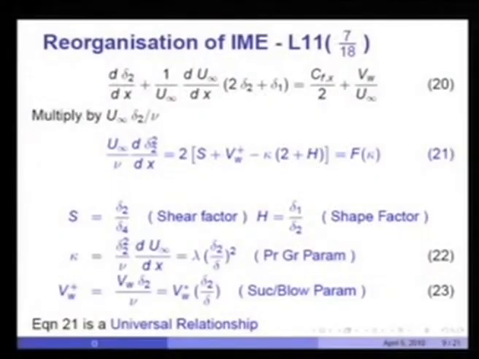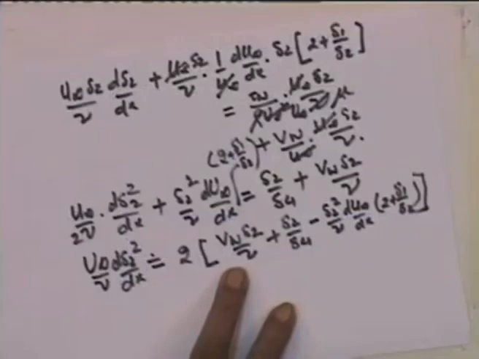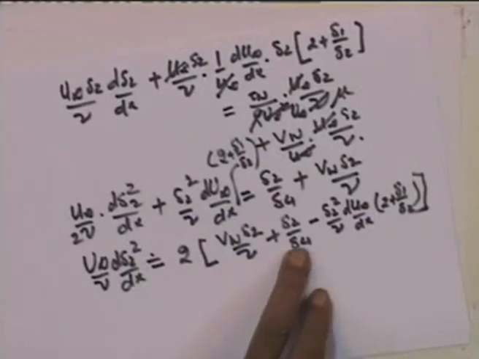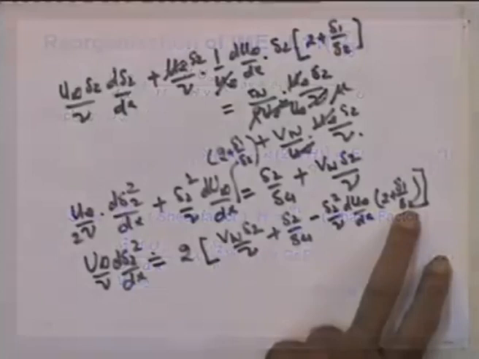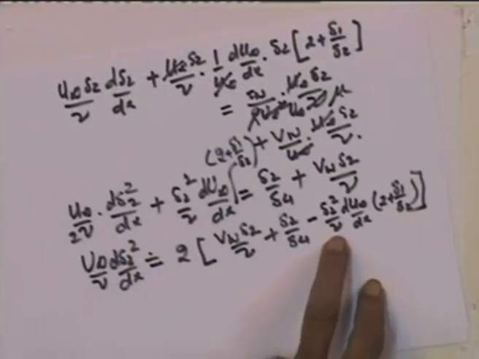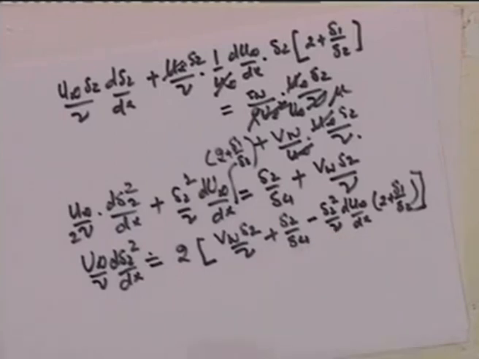Now, all I have done in our derivation is this: delta 2 by delta 4 is replaced by S, and we call it the shear factor. Delta 1 by delta 2 is replaced by H, which we call the shape factor. Delta 2 squared divided by nu du infinity by dx would simply be equal to lambda times delta 2 by delta whole squared, a pressure gradient parameter.